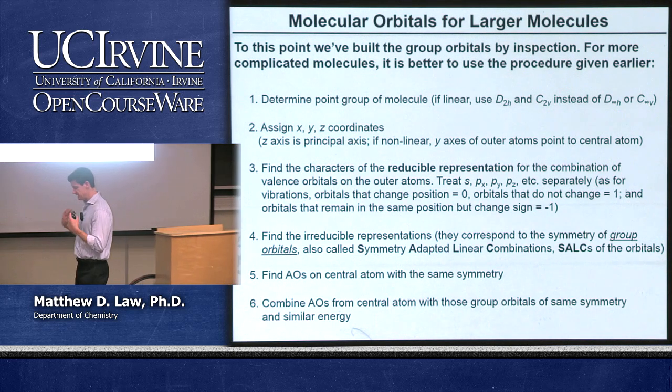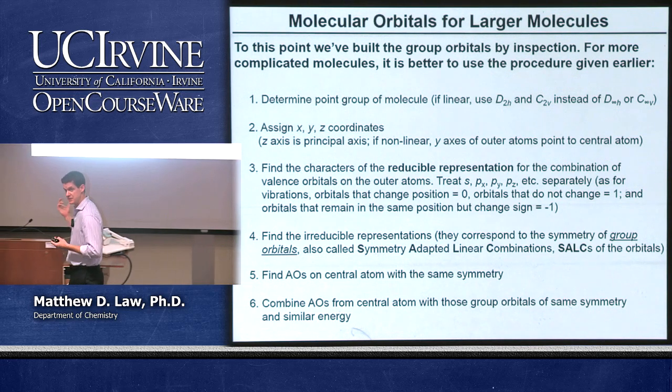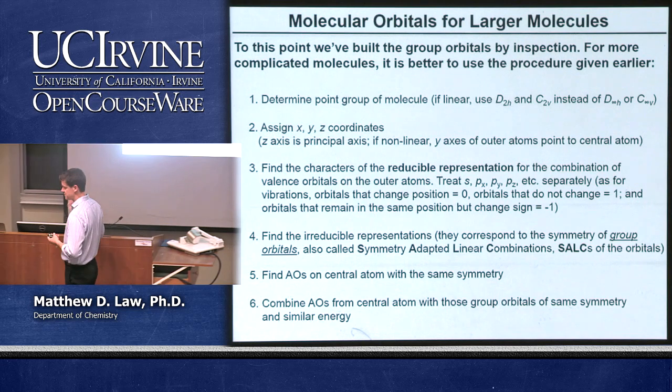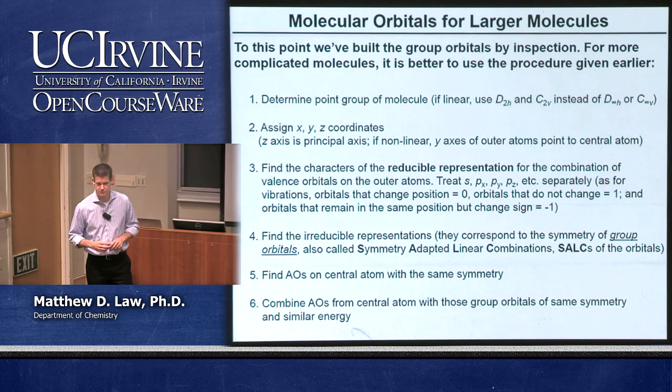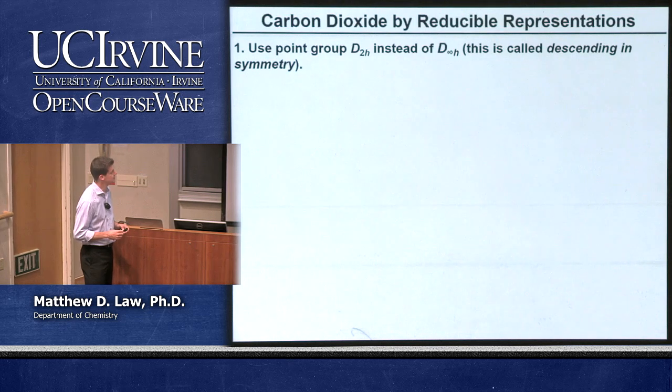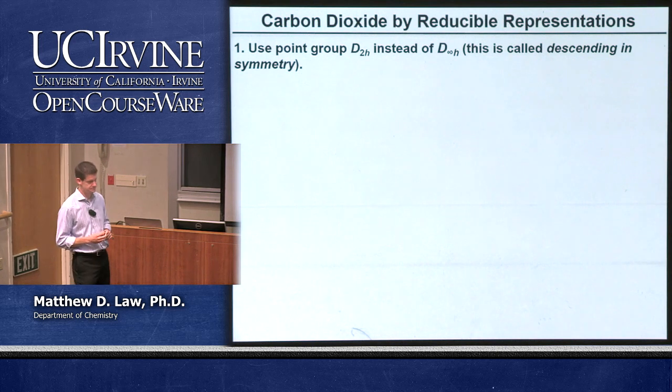We did the inspection approach for carbon dioxide. What I want to do in the last 10 minutes of class today is this example again using the more rigorous approach, with reducible representations instead of just inspection.